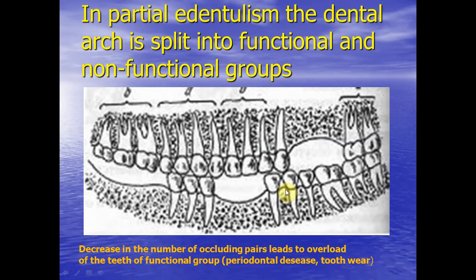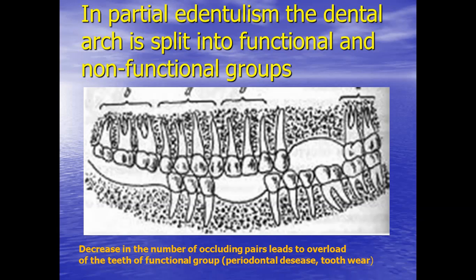Okay, so what are the sequelae of dental loss once again? What happens if the teeth of the patient were extracted partially? Some of them were extracted. This is what we call the clinical symptoms of partial edentulism.